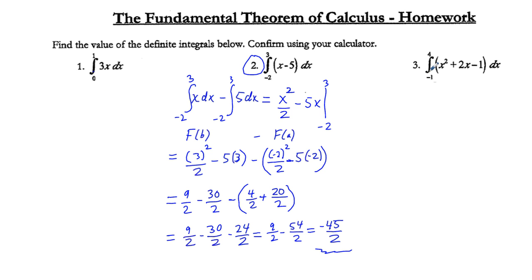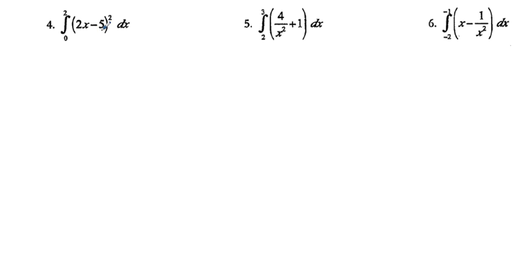Problem 1 should be very easy, as easy as that t-shirt problem. Problem 3, you can split this into 3 integrals. Problem 4, you can square out this thing and expand it. If you take the 2x minus 5 and make a binomial expansion, you'll get 3 terms: 4x squared minus 20x plus 25, something like that.